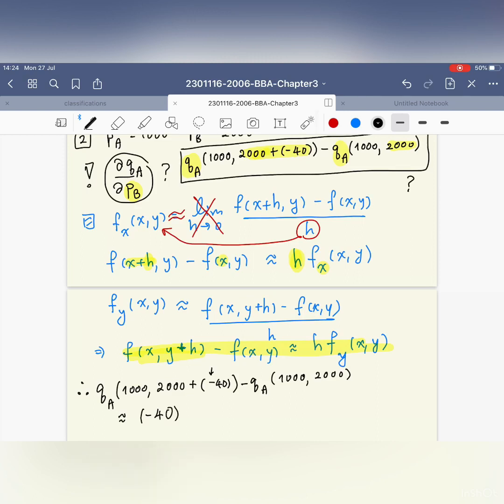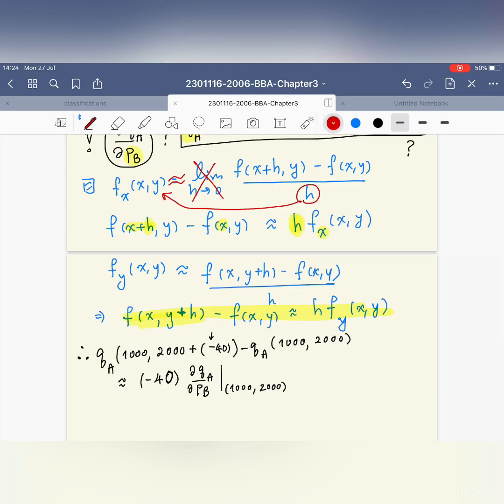Your h can be either negative or positive, depending on whether you say increasing or decreasing, times the derivative of the demand of product A with respect to the price B, at the particular point 1000 and 2000.